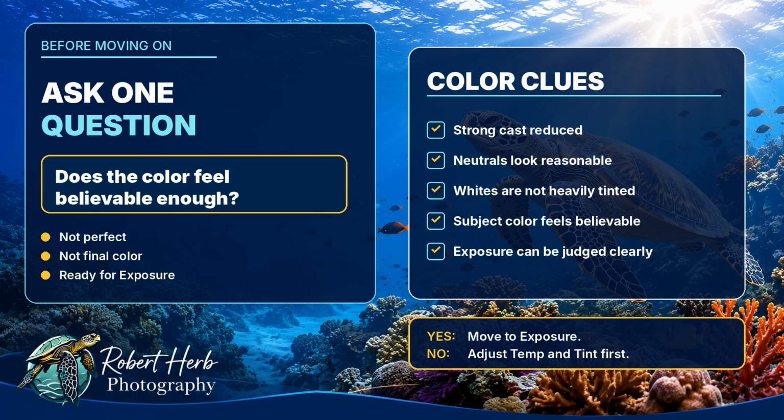If the answer is no, stay with temperature and tint a little longer. If the answer is yes, move forward. That is one of the most important habits in the system. You do not stay in one step forever. You do the job of that step, then move on to the next decision.